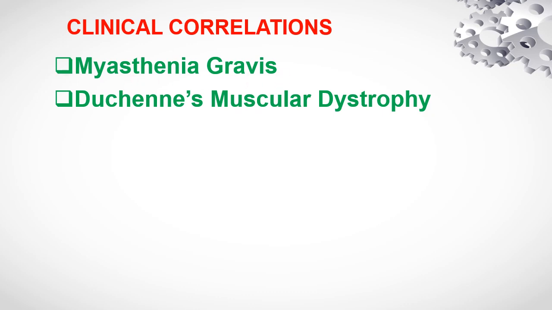Then Duchenne's muscular dystrophy is another one, a congenital kind of disease in muscles whereby an individual lacks a protein known as dystrophin. The dystrophin protein is important in providing integrity of the sarcolemma.